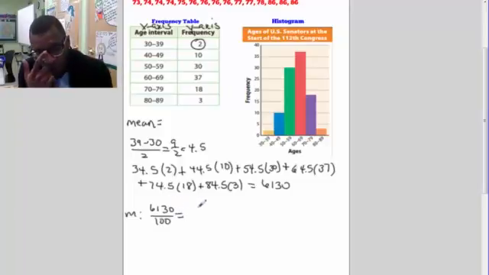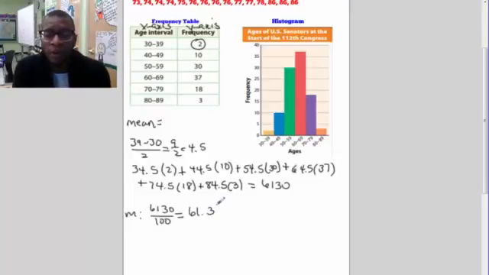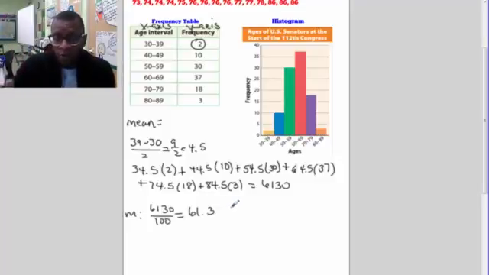So the mean would be 613 divided by 10 because these two zeros cancel. So we get 61.3. And so what this tells me is that the average age for this set of 100 US senators is 61 years old.